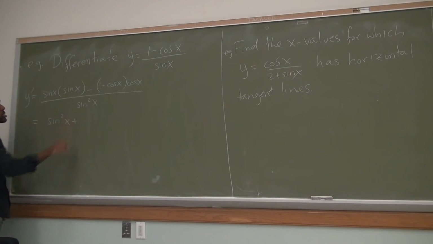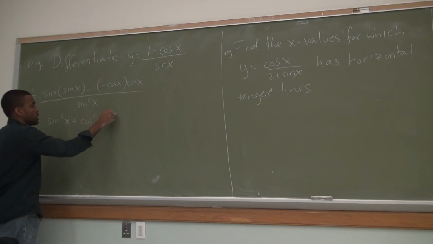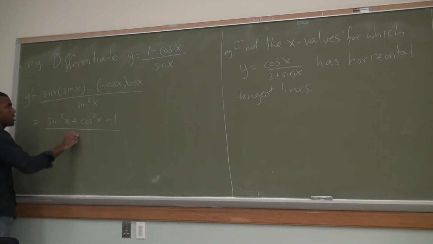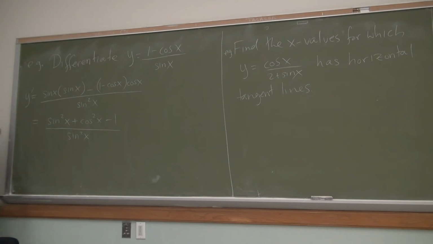Sine squared x. You would get plus cosine squared x minus 1. Sine squared x plus cosine squared x is 1.